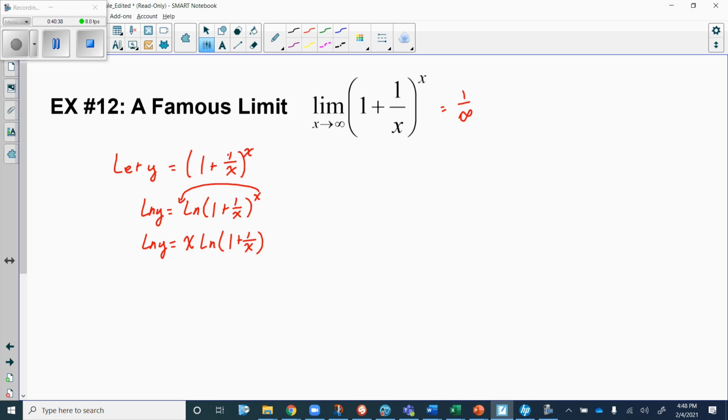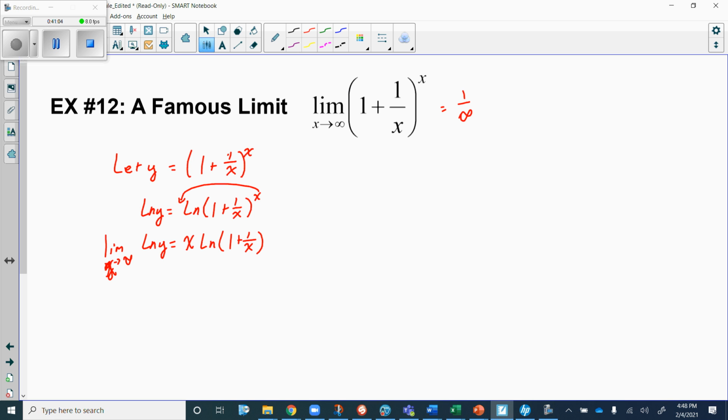And so now you can see that we have that product form that we would look at. And I really should be writing my limit. I should be saying the limit as x approaches infinity in this case.